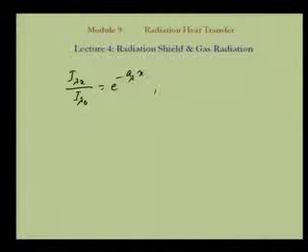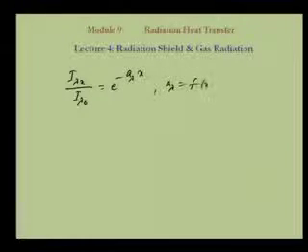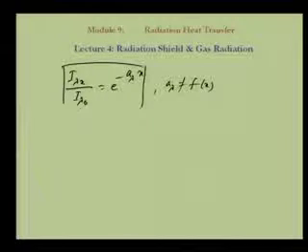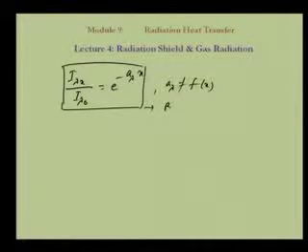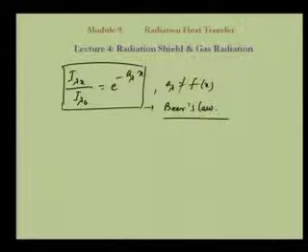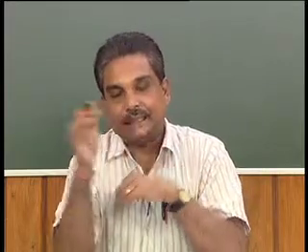Here a lambda is not a function of x, that is being assumed, and this is called Beer's law. So Beer's law says basically how the intensity is changed when a gas beam absorbs radiation.